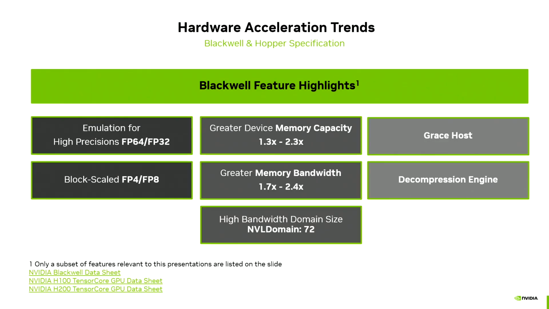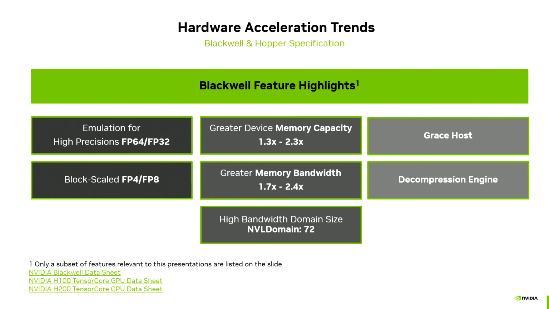At a hardware level, highlighted again yesterday, there has been a whole set of new hardware features which were introduced. From a compute perspective, we have introduced FP4 in Blackwell systems.